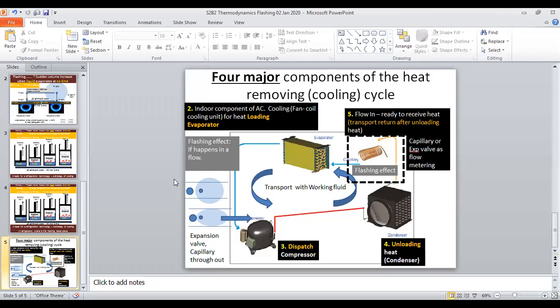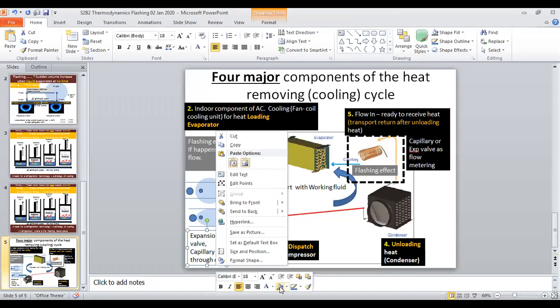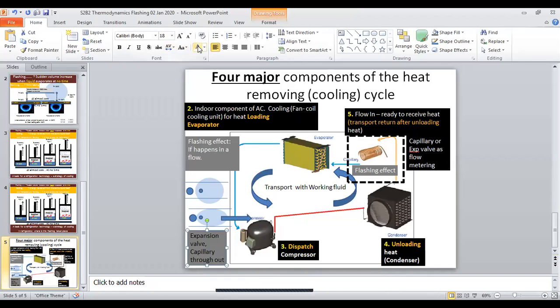So if you are going to design a metering device, you have to be very knowledgeable about this flashing effect. You may be using catalogs for the expansion devices, but it's good to have this knowledge. One more thing.